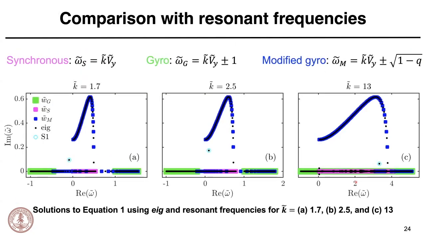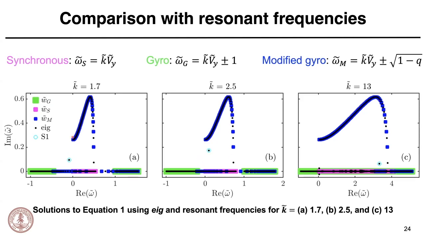And so to get a little bit more insight, we decided to plot on top of the solutions, which are the black dots, what are the resonant frequencies that are occurring in this electron layer. And so you can see the synchronous, the gyroresonance, and the modified gyroresonance all appear, of course, on the real axis. And they are not associated with that separated solution that the shooting method was able to get.